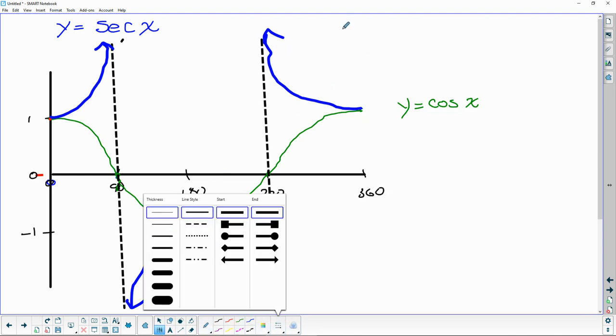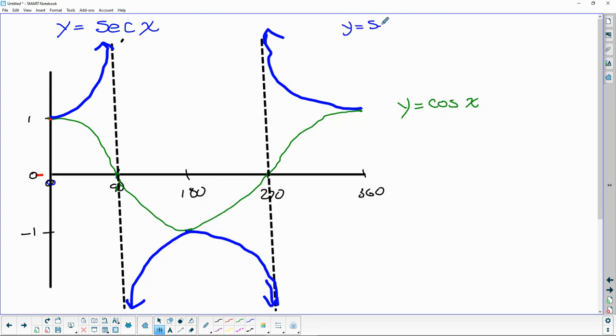Okay, so again with y equals secant x, there's no max or min. Or if you like, you can say infinity and negative infinity because it goes up. Okay? And then its asymptotes are at 90 degrees and 270 plus 360 as you go around, right? 360, 360, 360 as you go, plus 360n if you like.